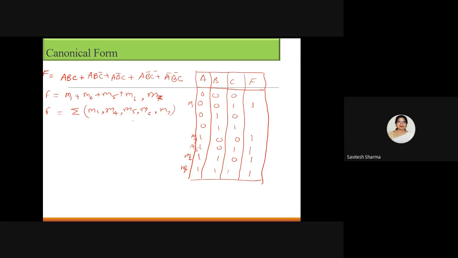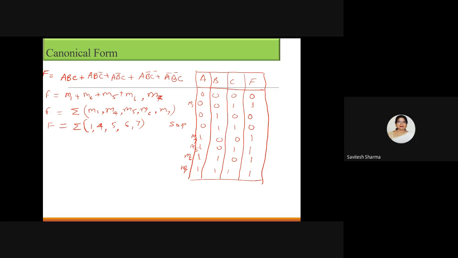This is another way. And in the rest of the cases you will write 0. Got it? Or you can also write like this. Various forms I am showing you here, please don't confuse. Just this sigma means it is a SOP form.